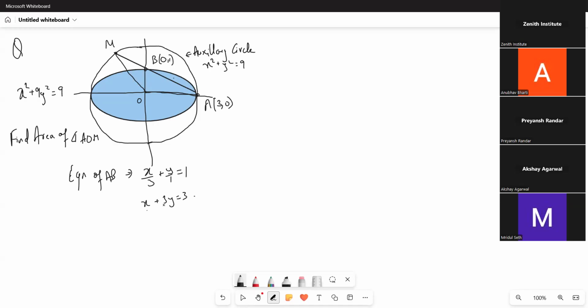So x is replaced by 3 minus 3y. 3 minus 3y whole square plus y square is equal to 9. Solve for y.